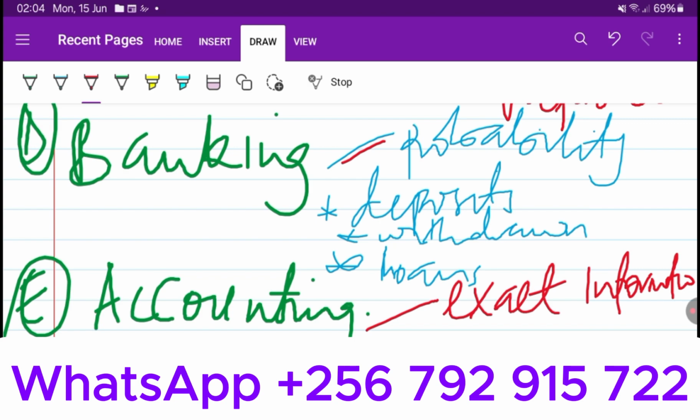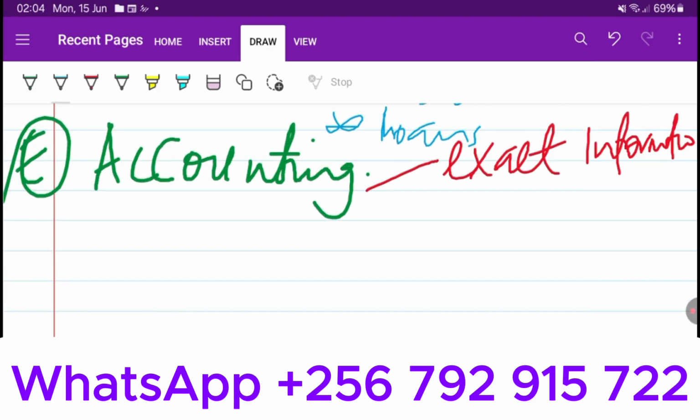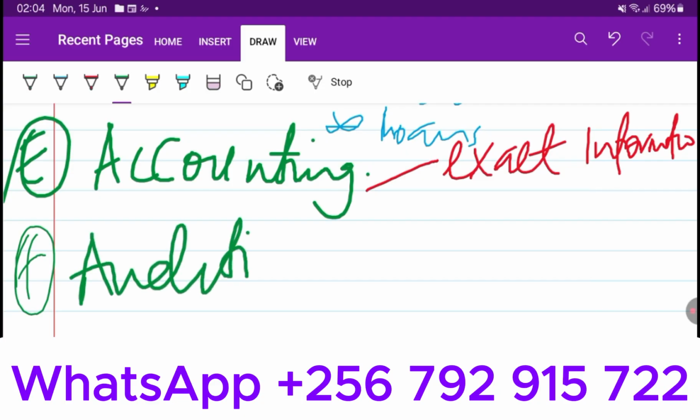Now, that's basically what we can talk about as far as accounting and statistical information is concerned. So part F, maybe we can talk about auditing, the application.